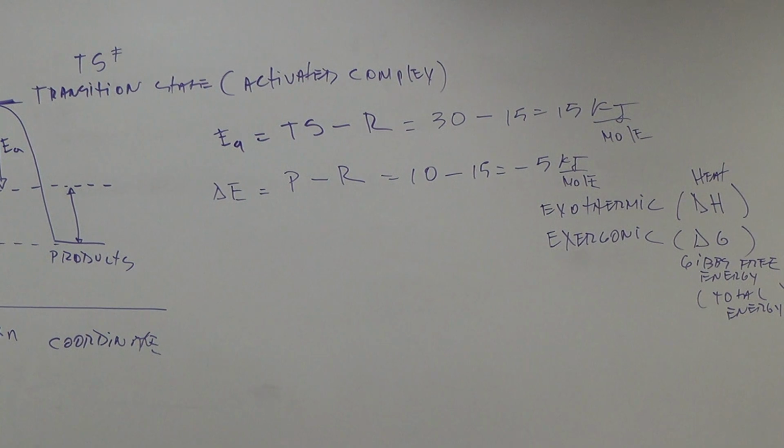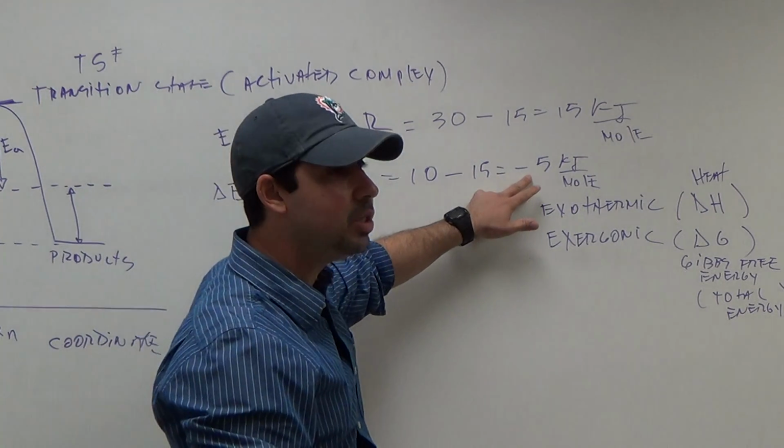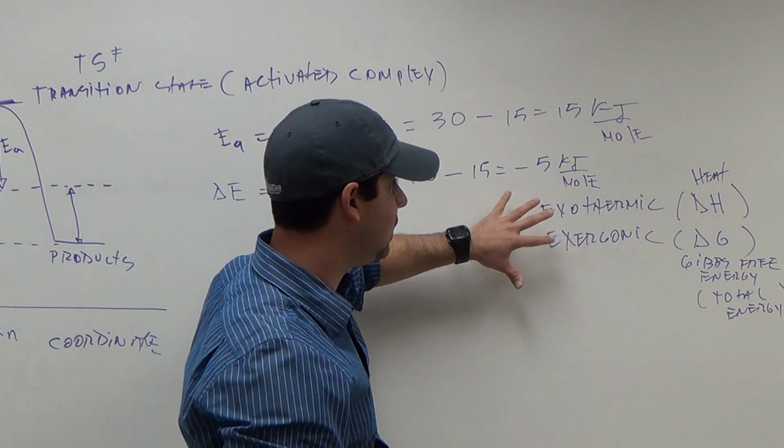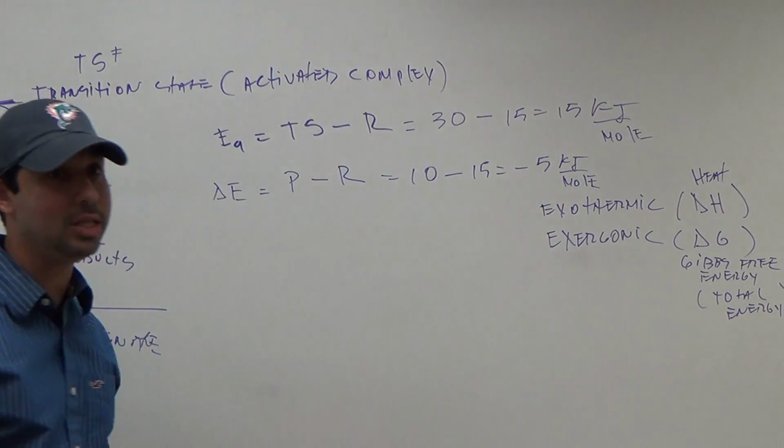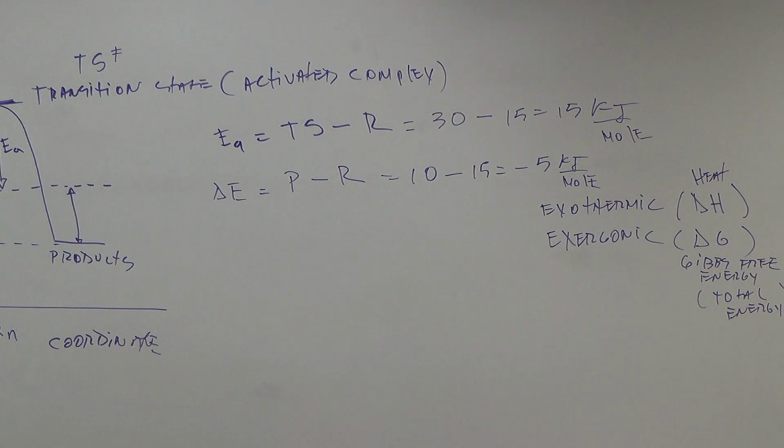So in order for you to break ATP, you need to put this energy in it, yes? And once it breaks, the products are more stable than the reactants. So there is an overall release of energy. This makes this exothermic.